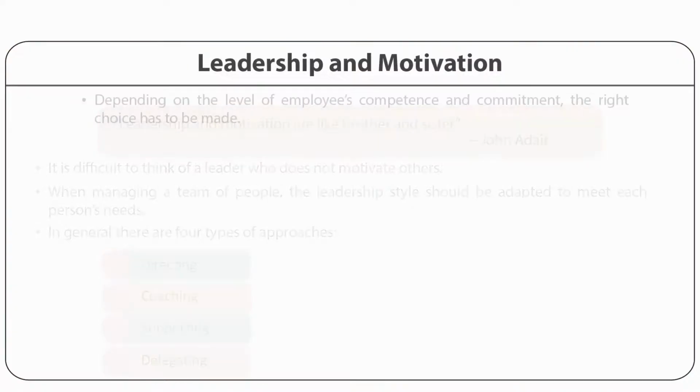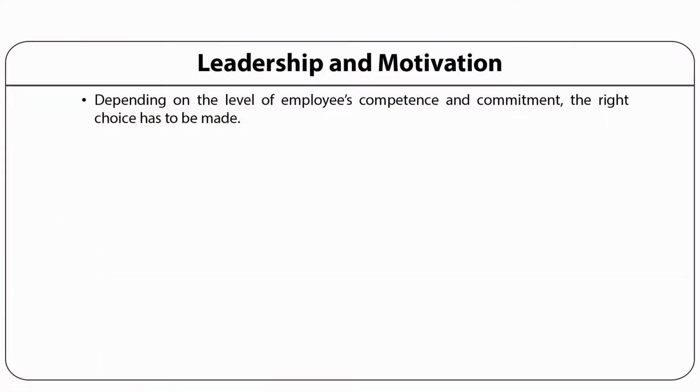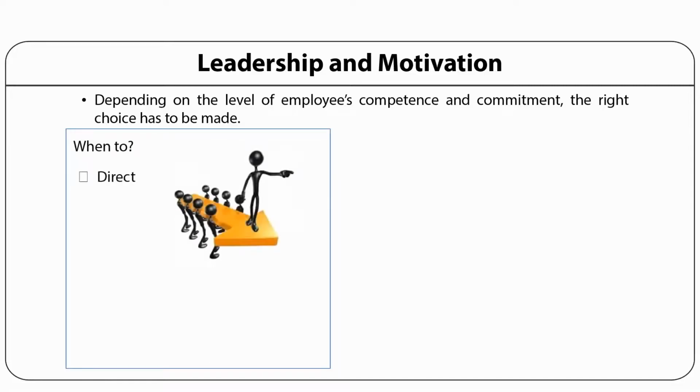Good pay, benefits, and good working conditions are often significant factors to attract and retain the best people and cannot be ignored. Depending on the level of employees' competence and commitment, the right choice has to be made. When a directly reporting subordinate is learning new skills, be directive.